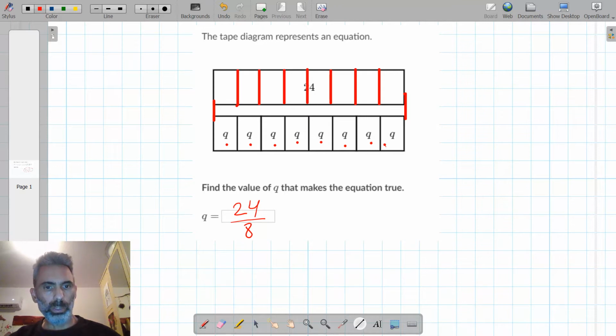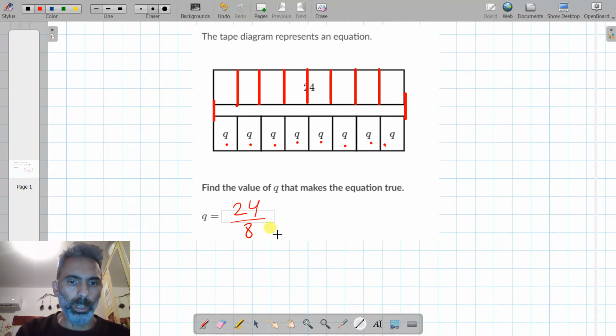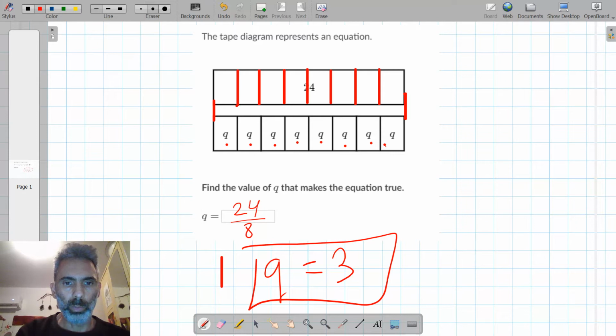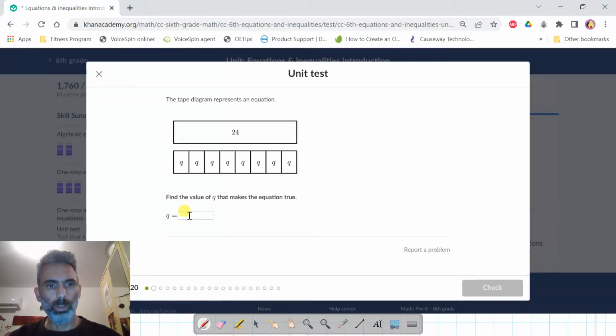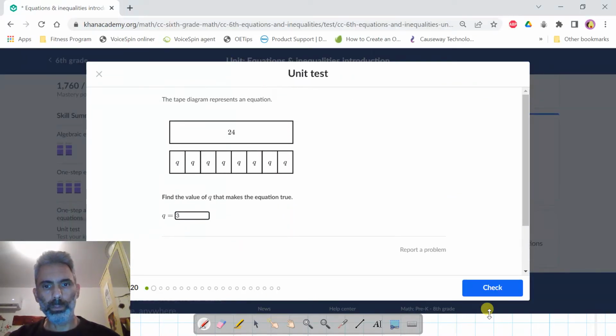So q is 24 divided by 8, and q therefore is equal to 24 divided by 8 is 3. So q equals 3.